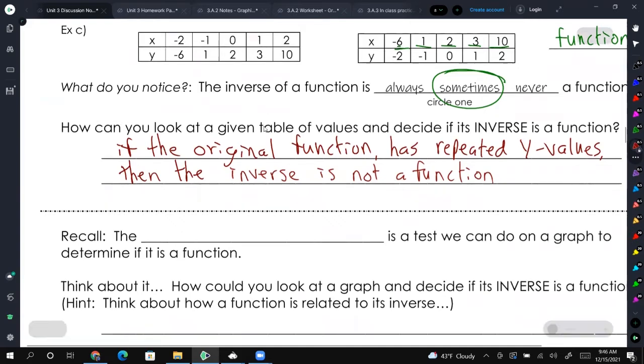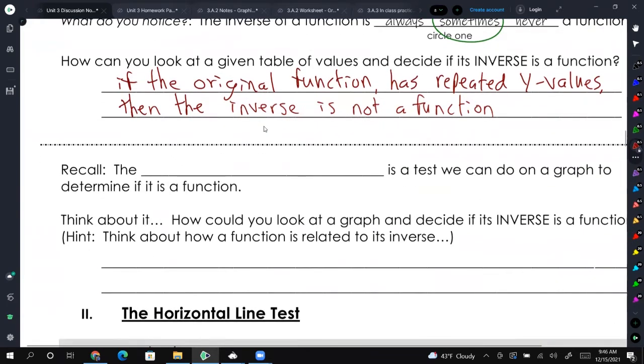So let's remember we had something that we could do to tell if a relation or a graph is a function or not, and that was the vertical line test.